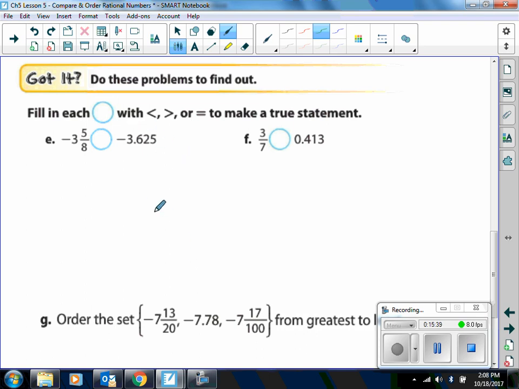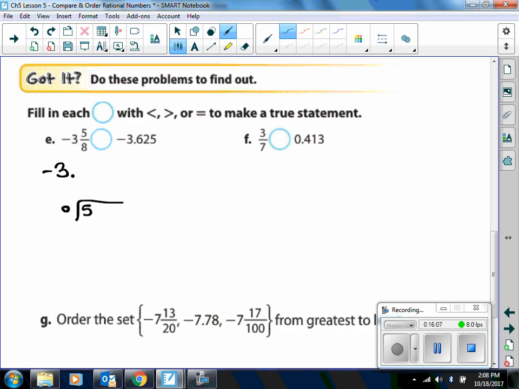So here, I am going to separate my integer and my fraction. So I've got -3 and it's going to be a decimal because remember, and means decimal. So this says -3 and 5/8, so that's -3 point. Is everybody clear? And now I'm just going to divide the fraction part. So that's going to be 5 divided by 8.